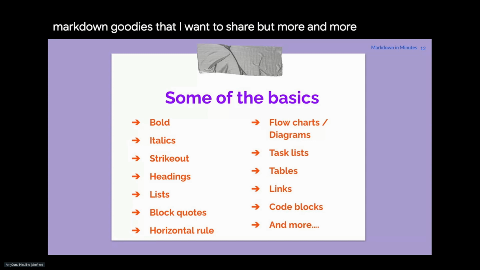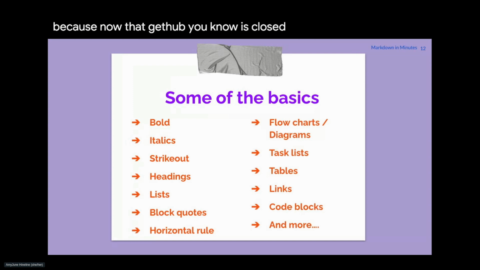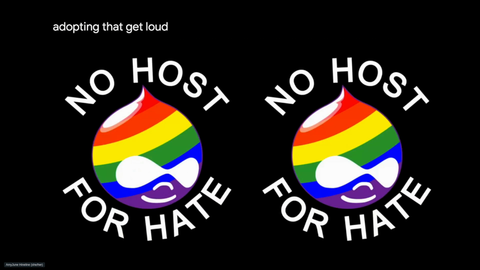More and more people and more editors are adopting GitLab style than before, because now that GitHub is closing some of its software down, or making it closed software, more and more people are adopting that GitLab style.